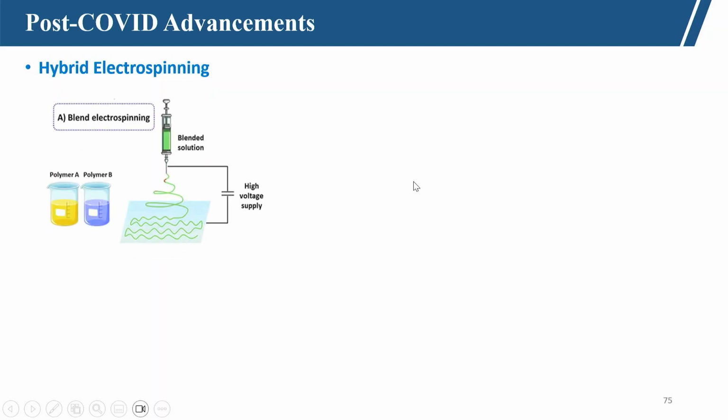After COVID there have been a few advancements. Hybrid electrospinning was developed, where two different polymers are used to make a hybrid electrospun nonwoven, and the two polymers are blended to get special characteristics.